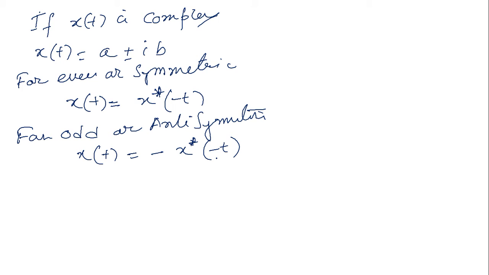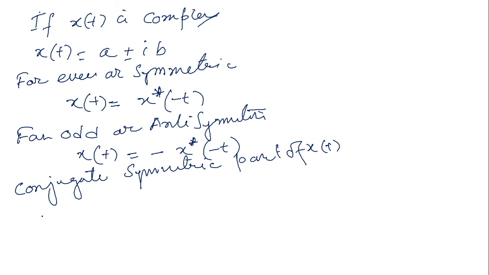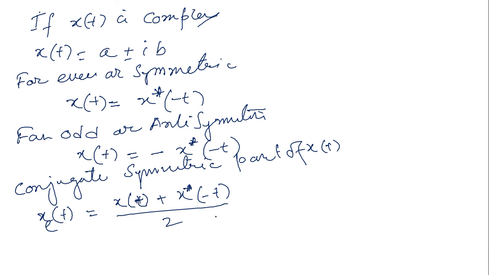And for the conjugate symmetric part of x of t, say the signal is neither even nor odd, then the conjugate symmetric part, or conjugate even part, of x of t is x even of t equals x of t plus x conjugate of minus t, divided by 2.